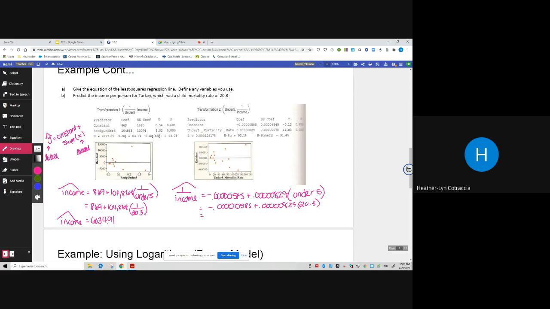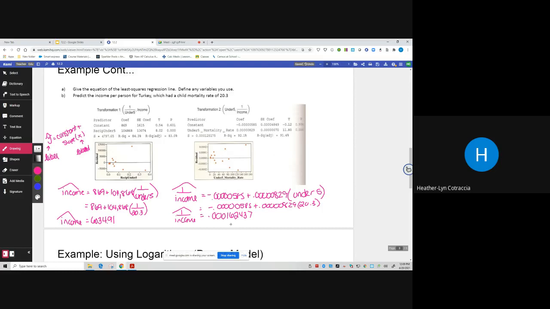Now plugging that in on the calculator, you are going to get 0.000162437, and that is equal to 1 over the income predicted. Now, as you can see, that's obviously not the income per person.